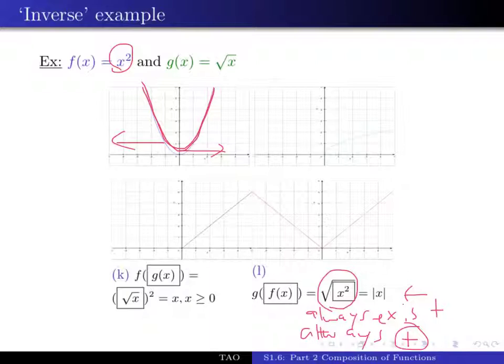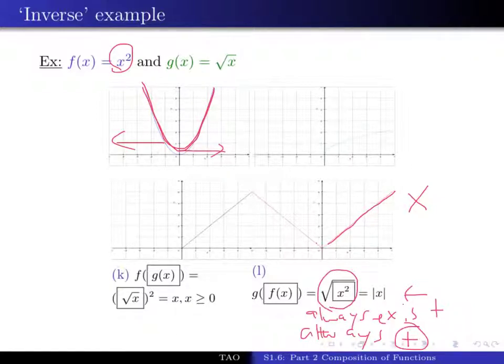Now, we know that the x and the square root undo each other. So on the positive side, this has to act just like x. But since we inputted something that's always positive, we're certainly going to get values over here. And the square root is always positive.